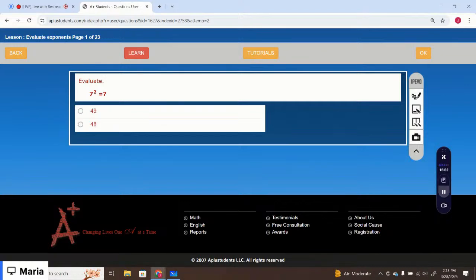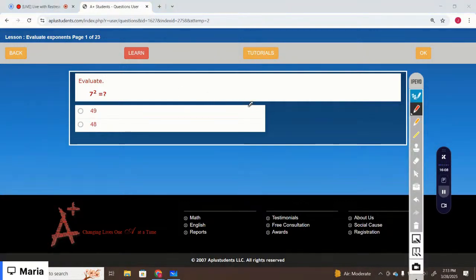How do we evaluate? 7 squared means we have to do 7 times 7.